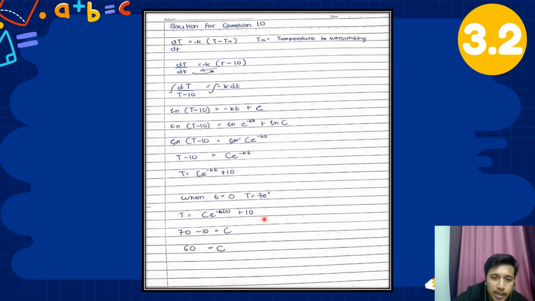So let's find the C for this step. We assume the time is 0 and the temperature is 70 Fahrenheit. We put the values in their places, and then we get C equal to 60. Okay, we got the C first.